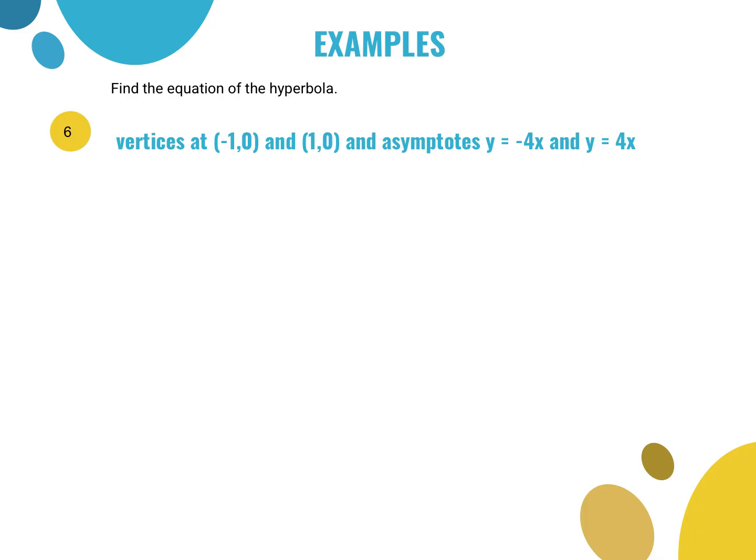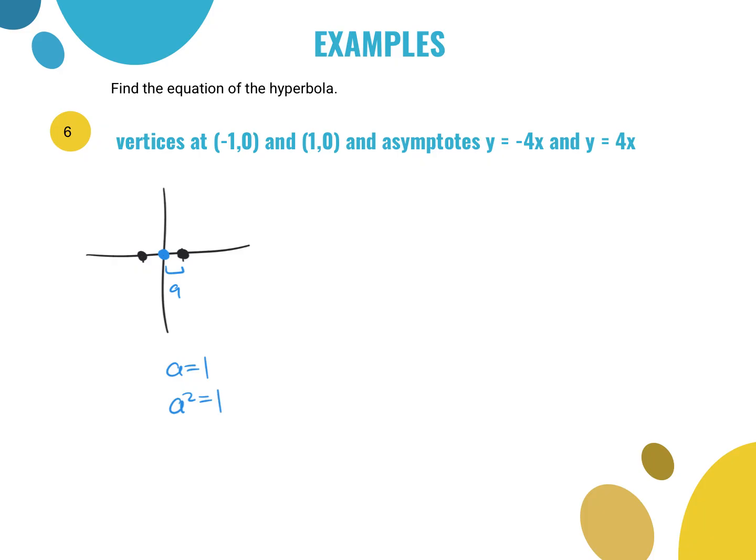All right, so our vertices are at negative 1, 0 and 1, 0. So negative 1 is going to be right there, and 1, 0 is going to be right there. Those are my vertices. That just means my center is directly in between at 0, 0. I already know that the distance from my center to the vertex is an a value, and so I know a has to equal 1, and that would make a squared equal to 1.